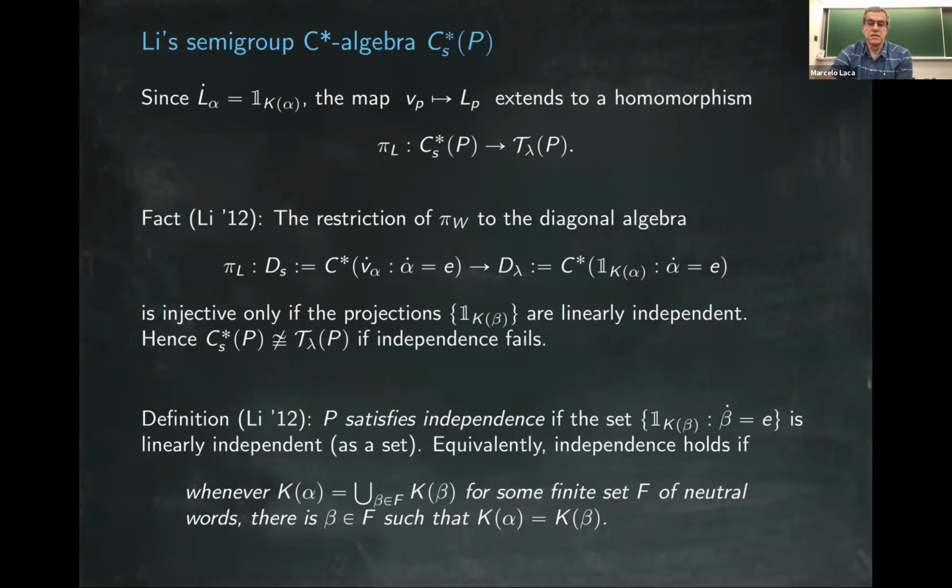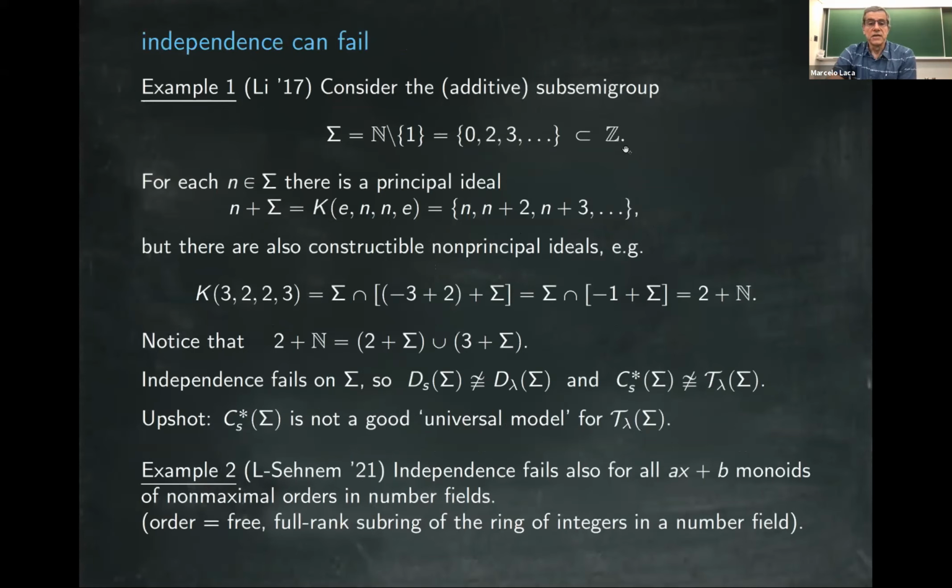And in that case, C star S characterizes T lambda of P. Equivalently, if you can write K alpha, a constructible right ideal coming from a word alpha, as a union of other constructible right ideals, then one of those has to be K alpha itself. So you cannot get K alpha by taking the union of constructible right ideals unless you put K alpha as one of them. So that's independence. And of course, there are semigroups where independence fails, and Shin-Lee provided an example.